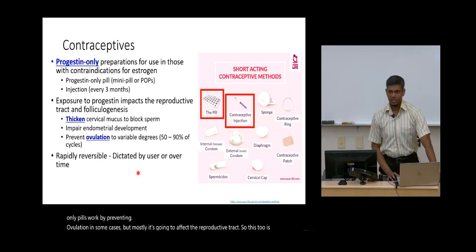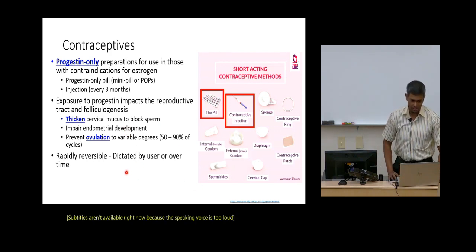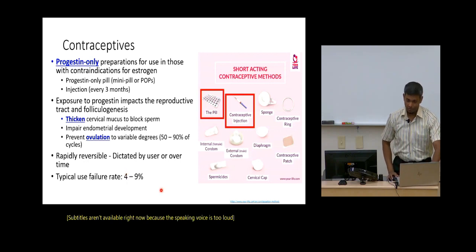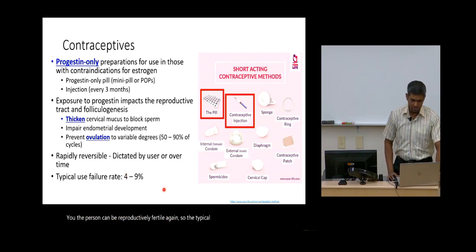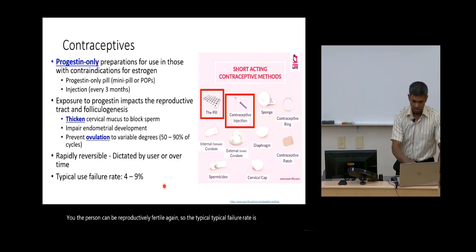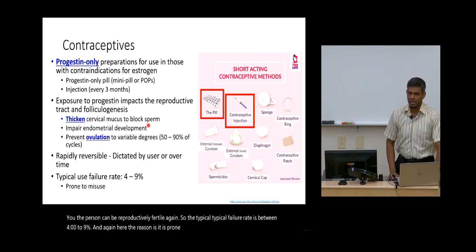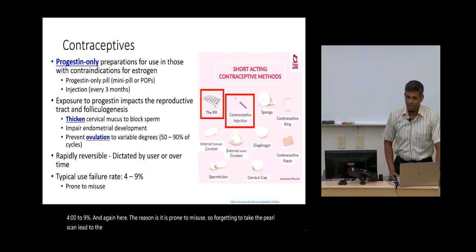So this too is rapidly reversible, and it's dictated by the user. So you stop taking the pills, over time the person can be reproductively fertile again. The typical failure rate is between 4 to 9%, and again here the reason is it is prone to misuse. So forgetting to take the pills can lead to the failure of this contraceptive.